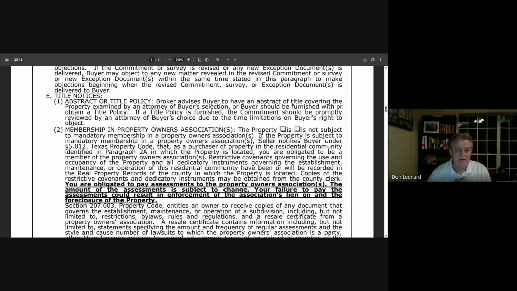All right, title notices. So title notices, there are 12 of them, and every single one of these creates some sort of responsibility on the seller to disclose something to the buyer. And the only exception to that is the very first one, where it talks about a responsibility that we have, which is advising the buyer to have an abstract of title covering the property examined by an attorney of the buyer's selection, or the buyer should be furnished with or obtain a title policy.